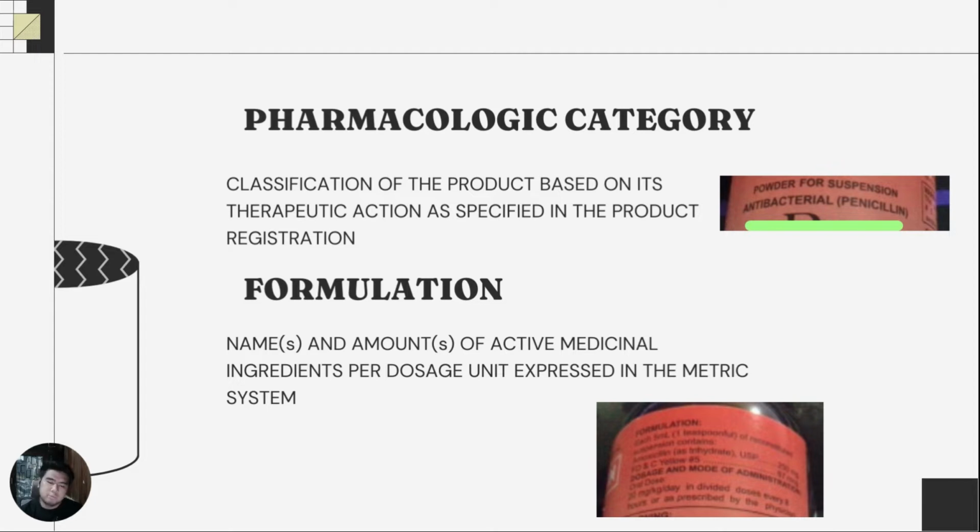Next is the formulation. These are the names and amounts of active medicinal ingredients per dosage unit expressed in the metric system. In our example, says here, each 5 ml or 1 teaspoonful of reconstituted suspension contains amoxicillin.